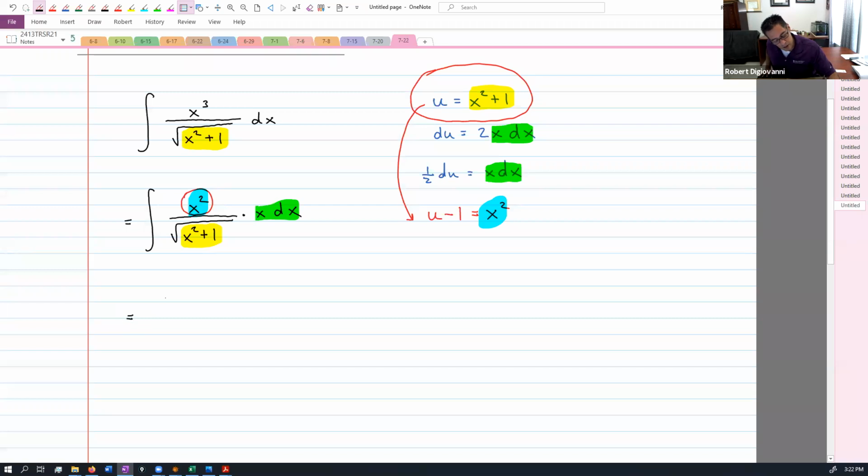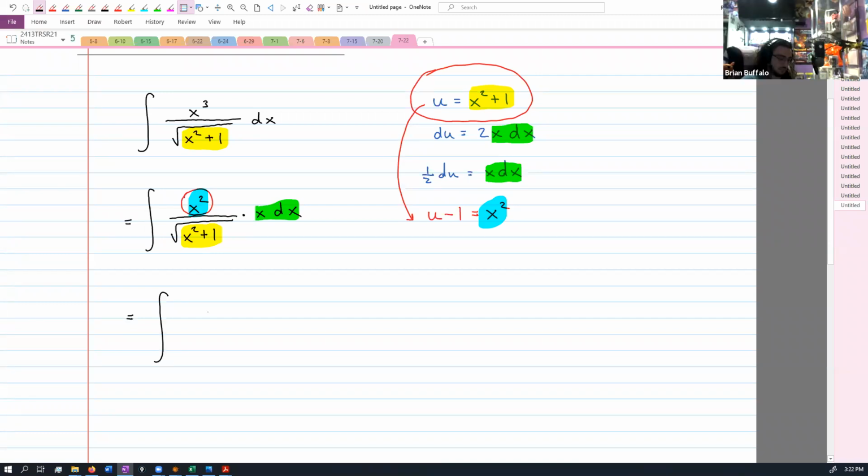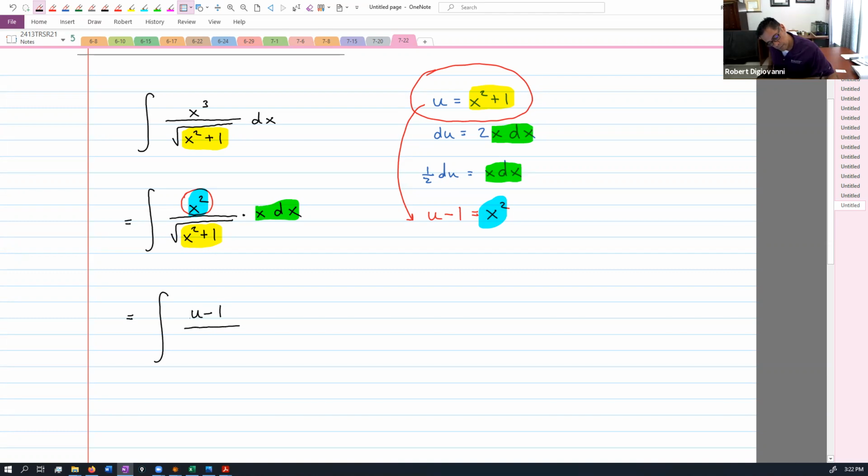Okay. Integral. Okay, Brian, tell me what we've got here. So we got u minus 1 on top over the square root of u. Okay, and then what does all that green stuff turn into?